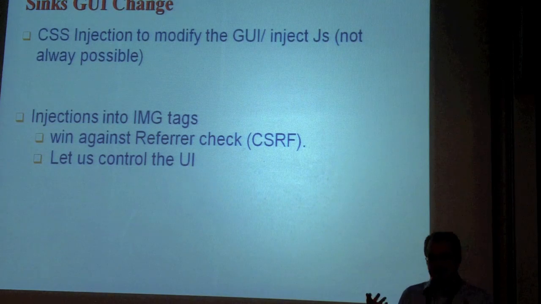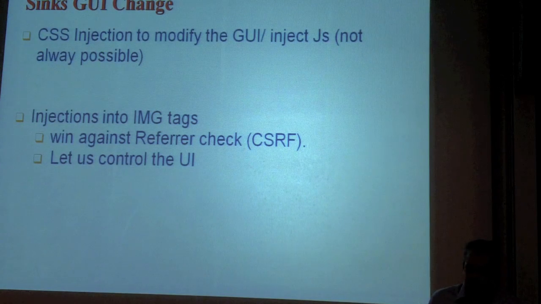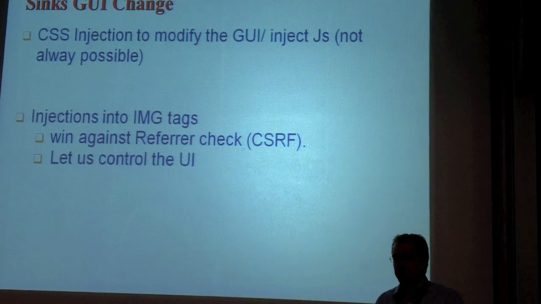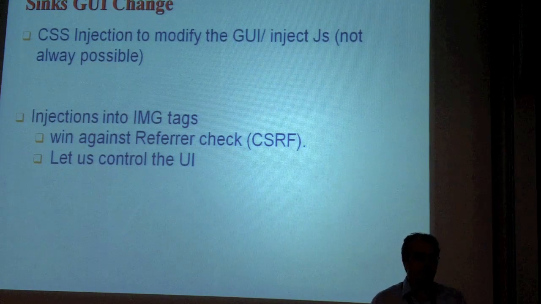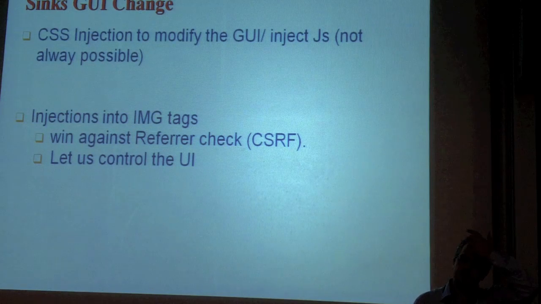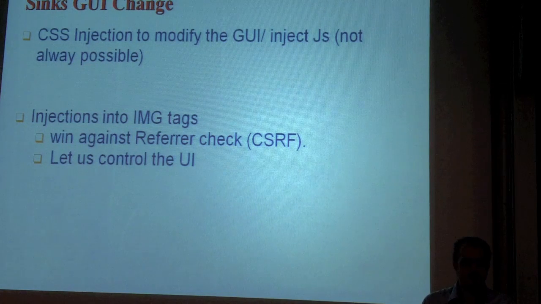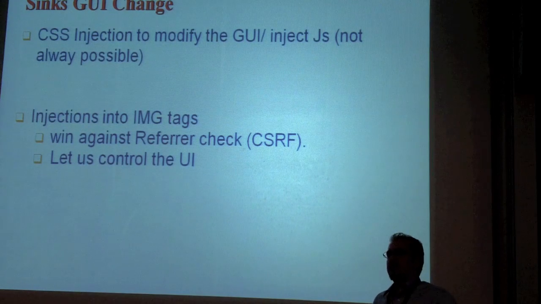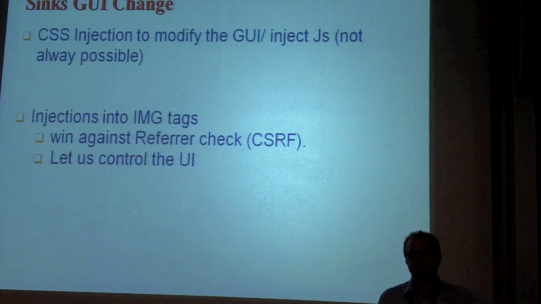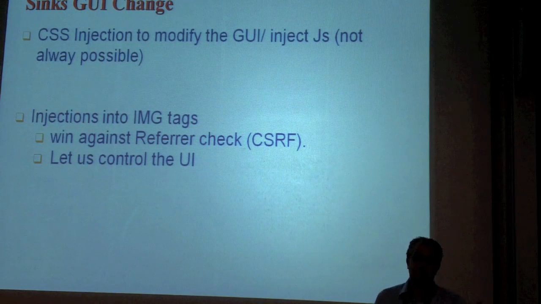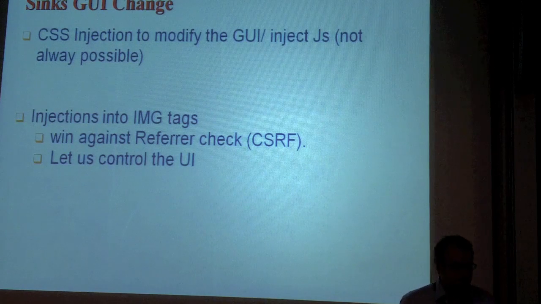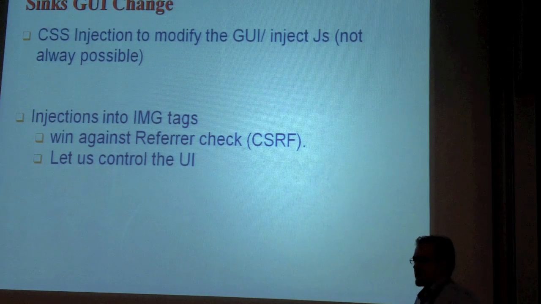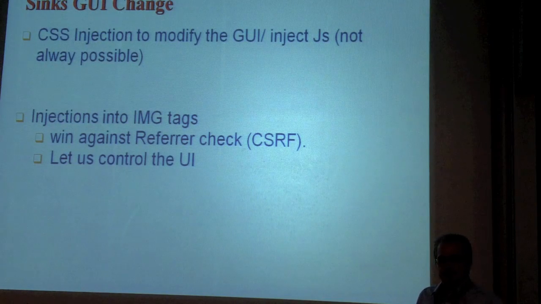CSS injection. Sometimes it's not possible to inject direct JavaScript, or maybe in the case of Firefox, it's not possible to execute JavaScript in the context of the CSS parser. It's no more, at least. So with CSS injection, some interesting things can be done.